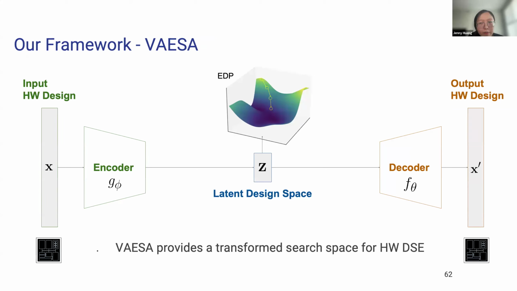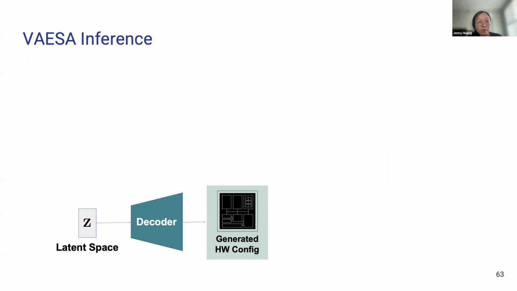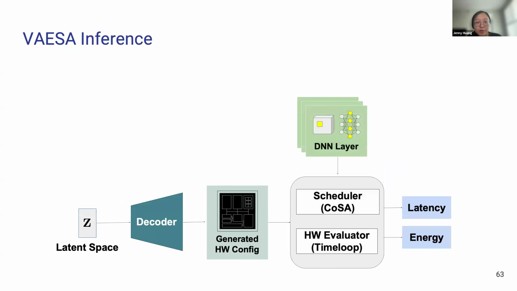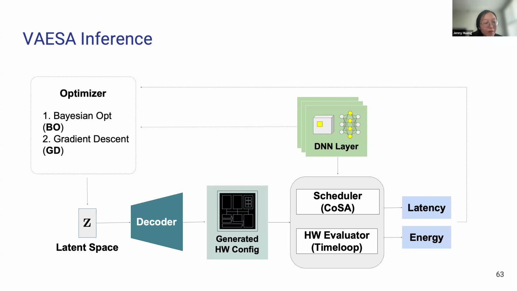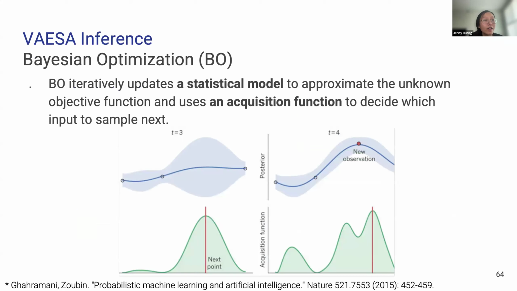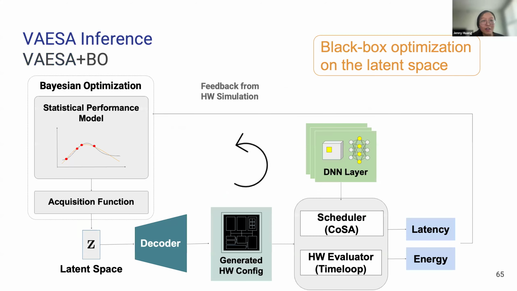Next I'm going to talk about how we run inference over this latent space to obtain better design points through Bayesian optimization and gradient descent. So here's the inference pipeline. I'll skip that. Basically, we just sample in the latent space using black box optimization or gray box optimization with gradient descent. I assume you know what Bayesian optimization is.